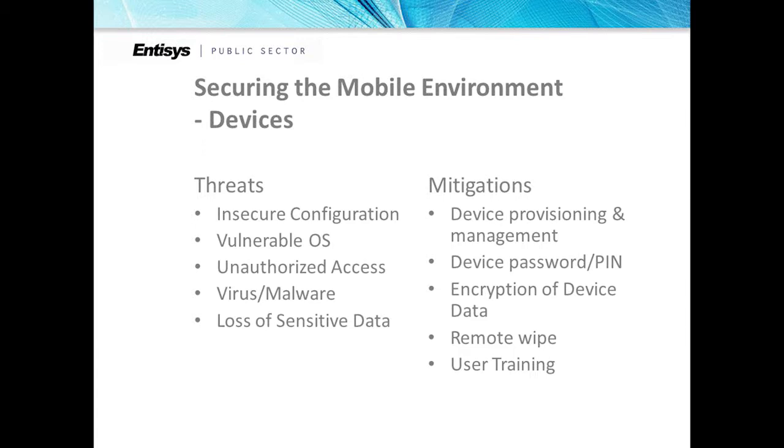If it's unauthorized access, we can set a PIN. We can store the data in a way that's encrypted on the device. With virus and malware, if we use containers on that device, the virus is only going to have access to the personal container and is not going to be able to break through to the enterprise side.